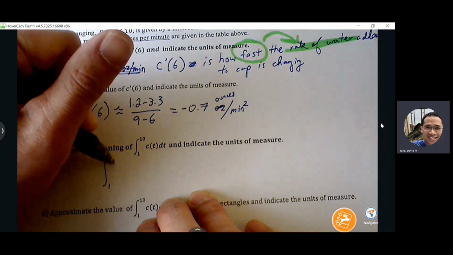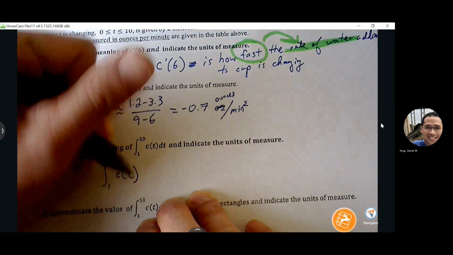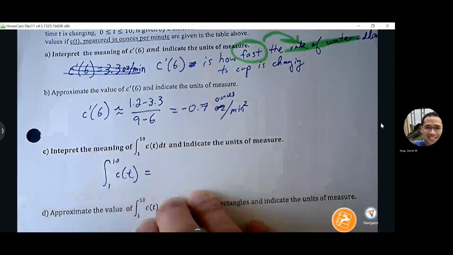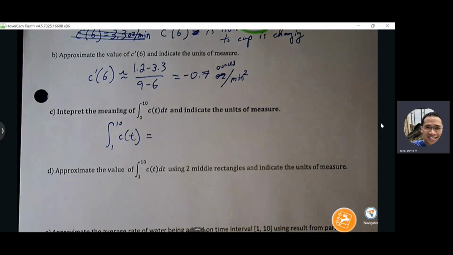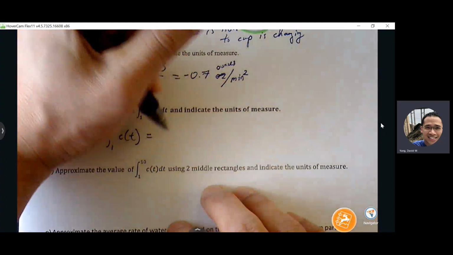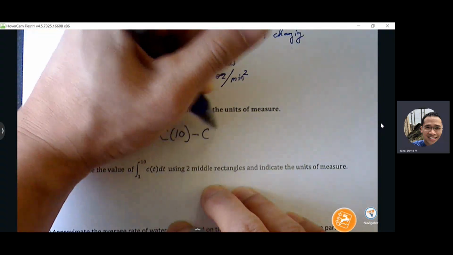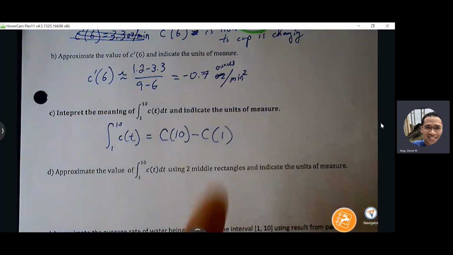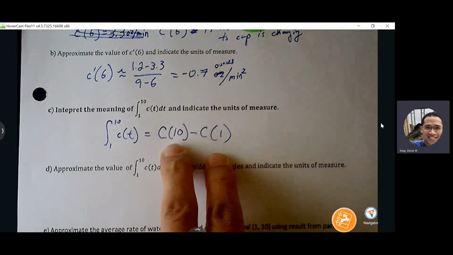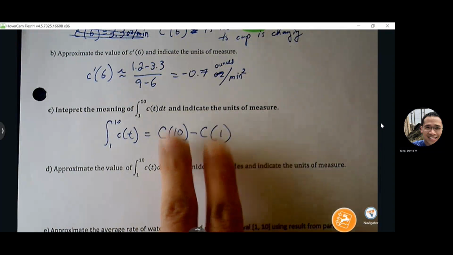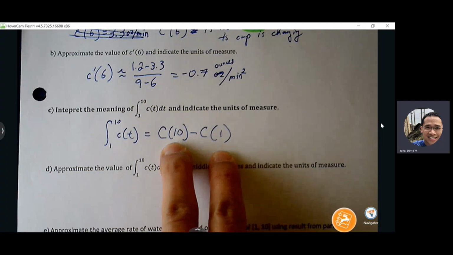The integral from 1 to 10 of C of t, imagine C of t becoming its antiderivative, uppercase C of 10 minus uppercase C of 1. So what does that mean? This is telling us the change in the amount of coffee in the cup.